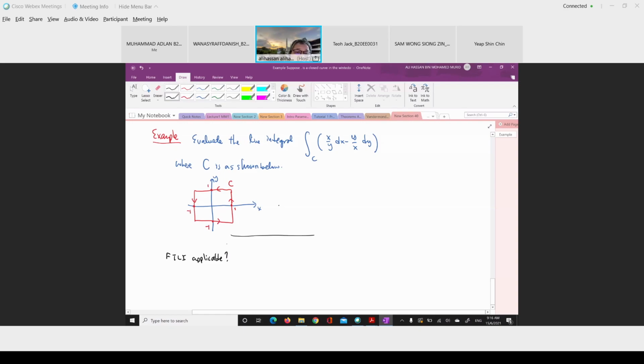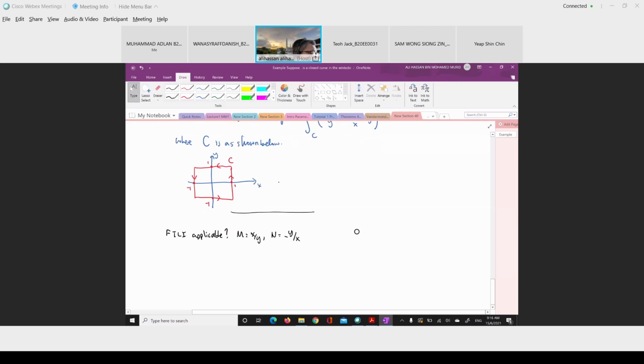Here M is equal to x over y, and N is equal to minus y over x because of the minus sign. So we look at M partial y. It's minus x over y squared.